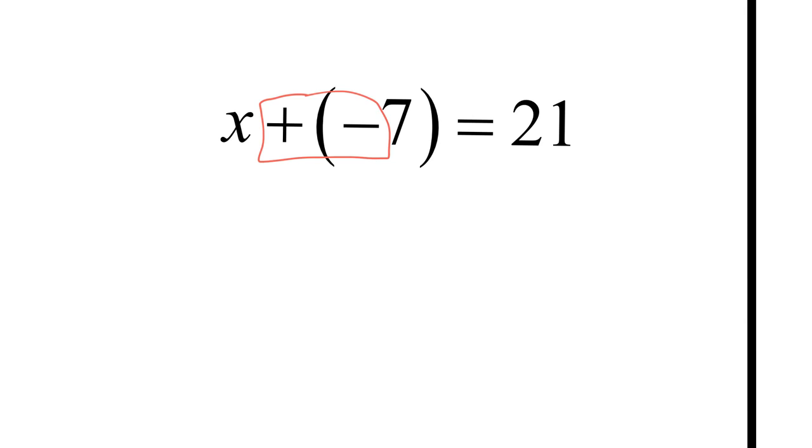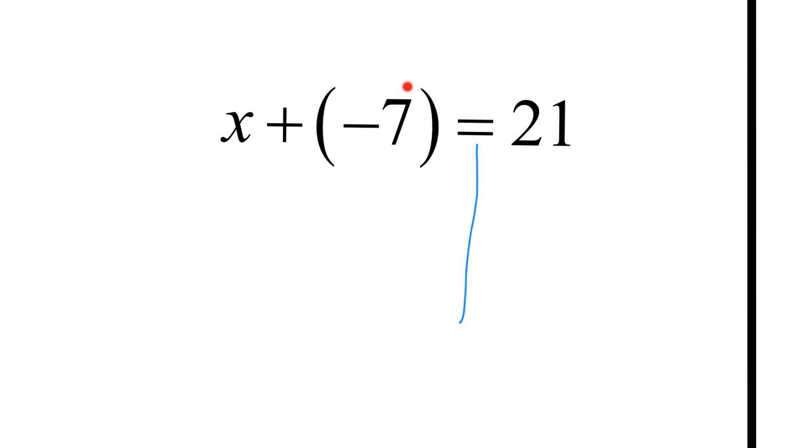All you have to do is get the x by itself. So let me erase this box here. Putting the line under the equal sign, I'm going to get rid of the constants on the same side of the variable. The constant is negative 7. We do have parentheses, and notice that we don't have anything outside.